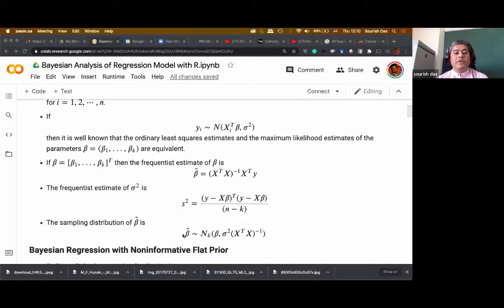So beta hat is my OLS or maximum likelihood estimator, and the k-variate normal is the sampling distribution of the estimator beta hat.